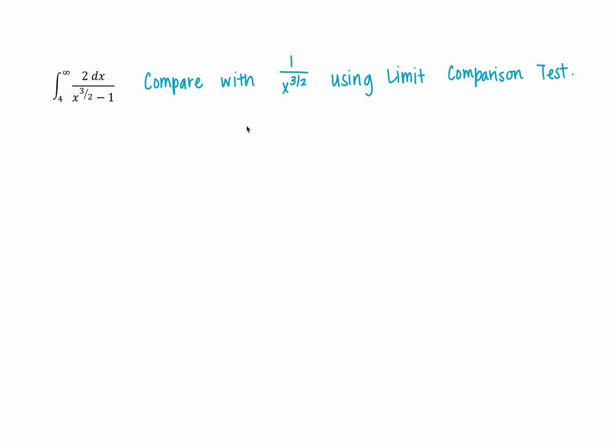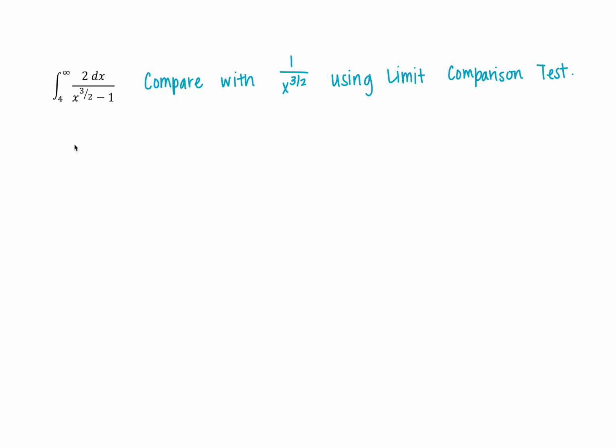Since that power is greater than 1, in this case 3/2 is greater than 1, I know that this converges, okay? When I use the limit comparison test to compare this with what I have here, if I get a number, then that tells me that my function also converges. It doesn't say what it converges to, but just that my function converges.